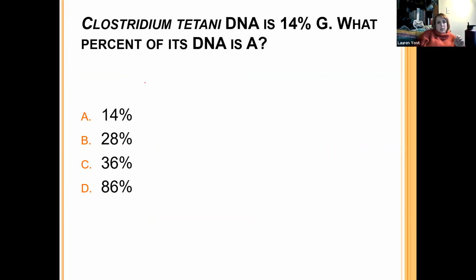Okay, so this is a difficult question. Clostridium tetani DNA has 14% Gs. What percent of its DNA is A? Well, if it has 14% G, then it has to have 14% C, right? Together, that makes 28% GC, right? So what is left over after that?